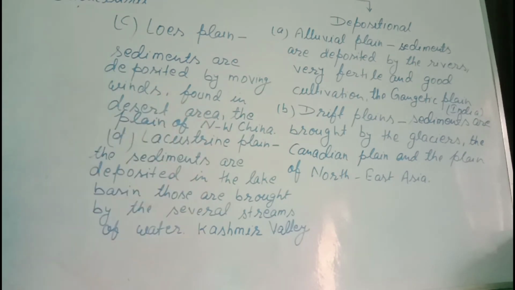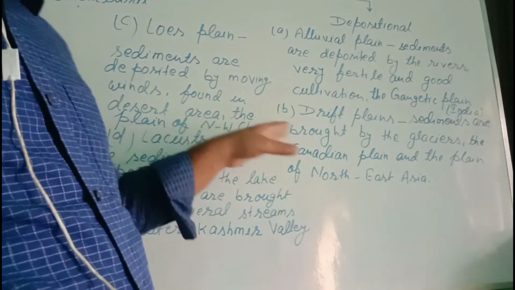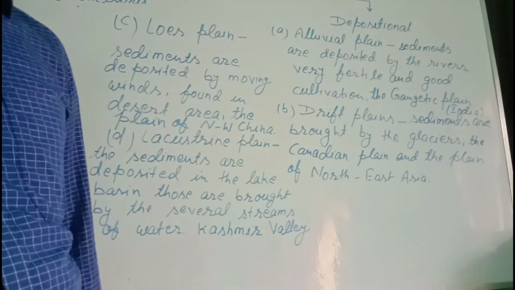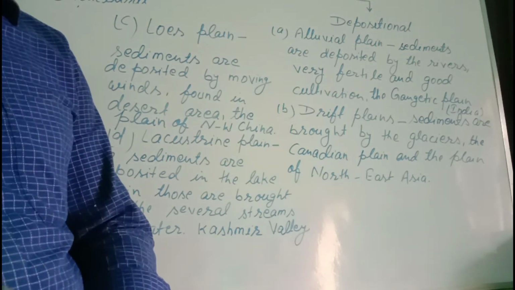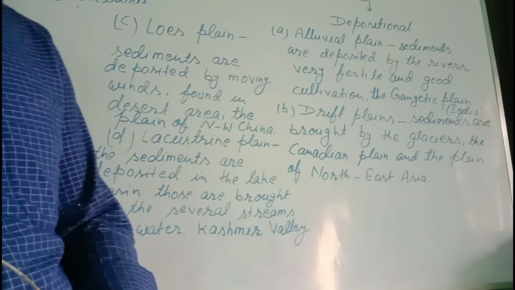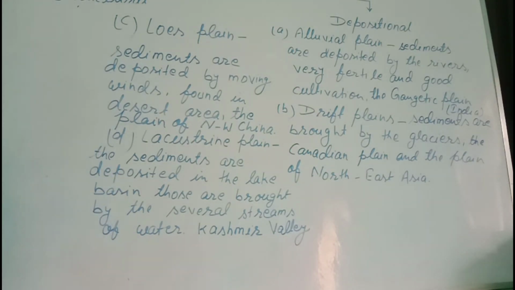This is found in desert area, and as example, the plains of northwest China. As we say, this is not the permanent plain. For time being, this is constructed, and again this is destroyed by those moving winds. From that place, the sediments are carried to another place.